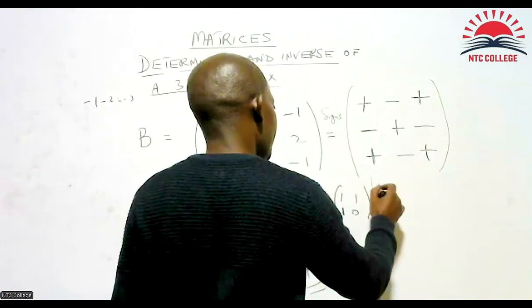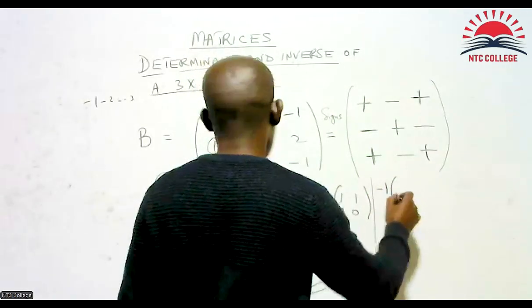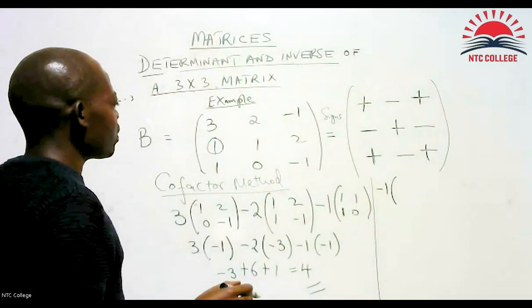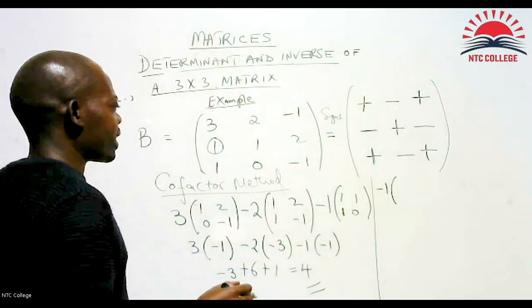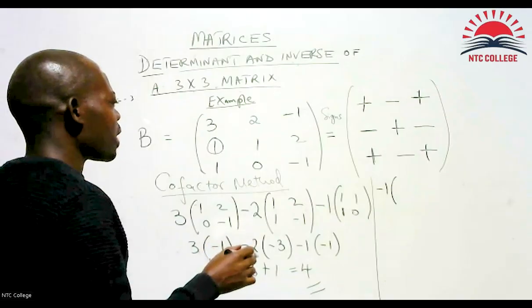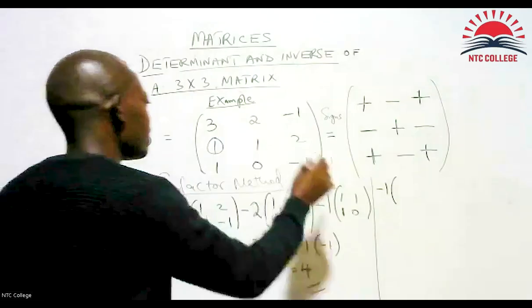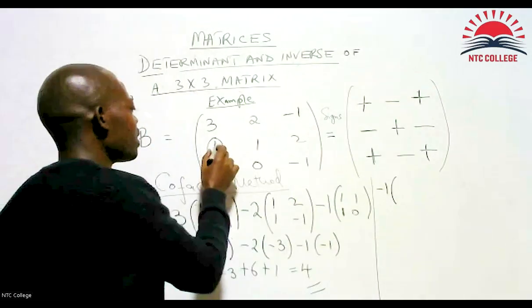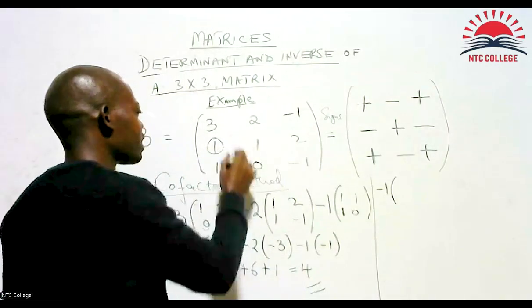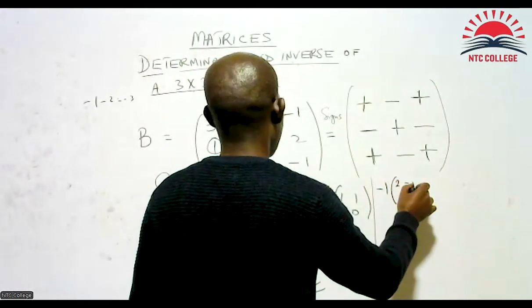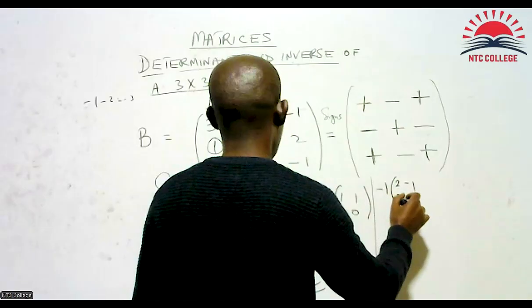So accordingly, I need to have -1 into, and if someone is keen, they should now understand the idea of cofactors: the element you pick, you must ignore its column and its row, then you are left with the remaining. So for this one, if I ignore the row and its column, I will be left with 2, -1, 0, -1.